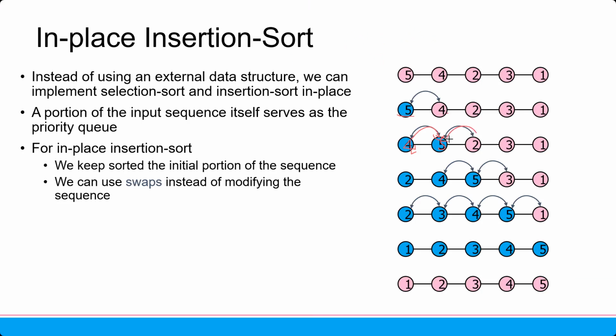So 5, we will check again with the next number. 5 and 2, is 5 higher than 2? Yes. So swap. After we swap 5, then again check 2 and 4. So 2 and 4, because 2 is smaller than 4, then we put 2 here and then 4 and then 5.